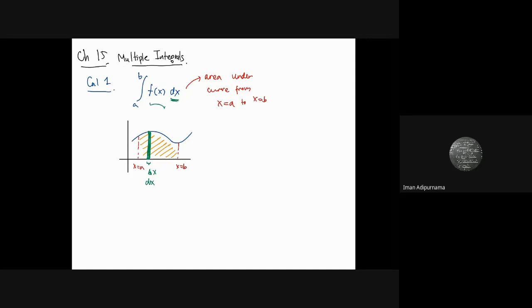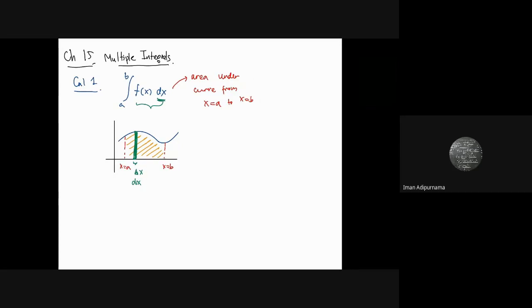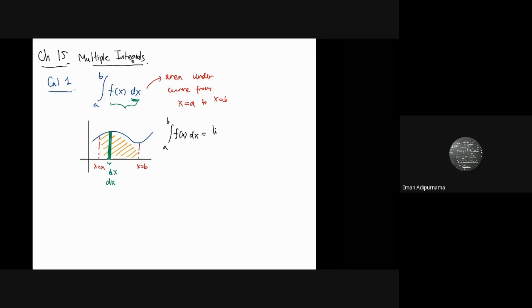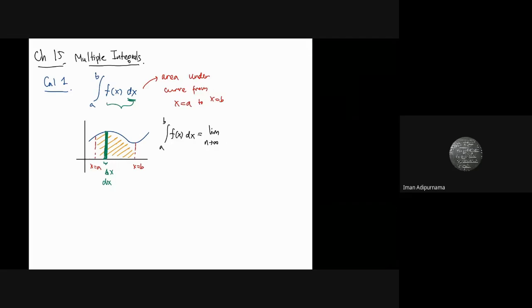And this is actually a multiplication of the rectangle area. So we can write the definition: it is actually the limit as n goes to infinity, where n is how many rectangles there are.